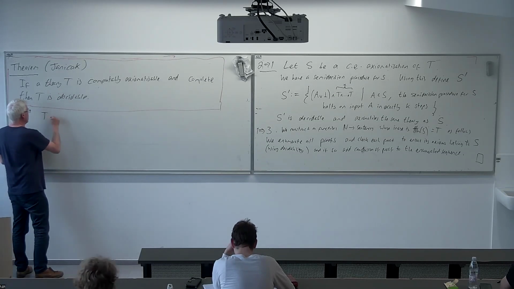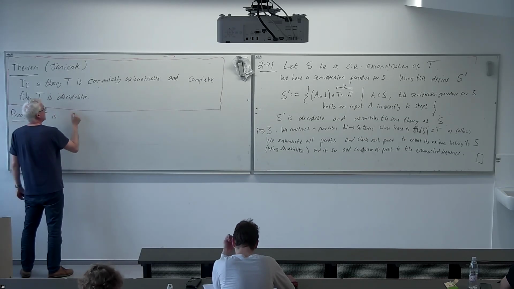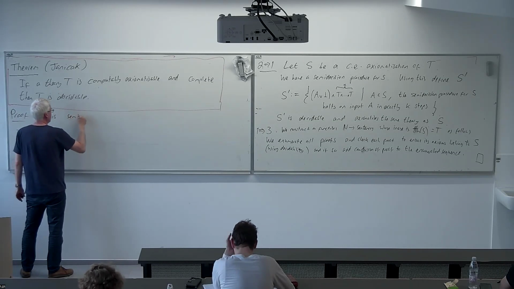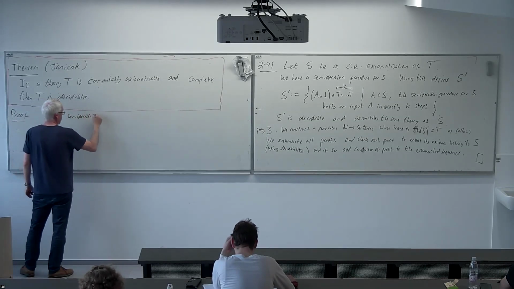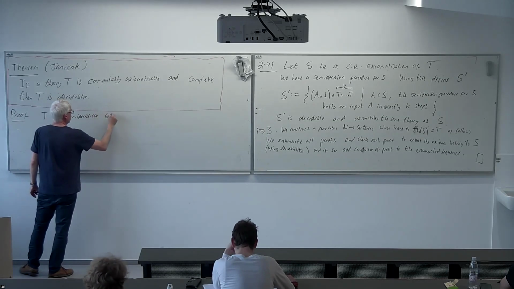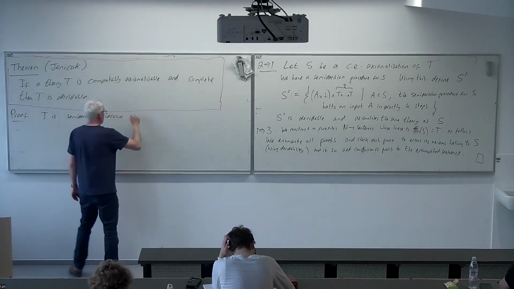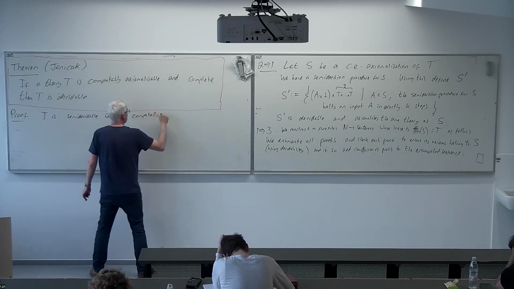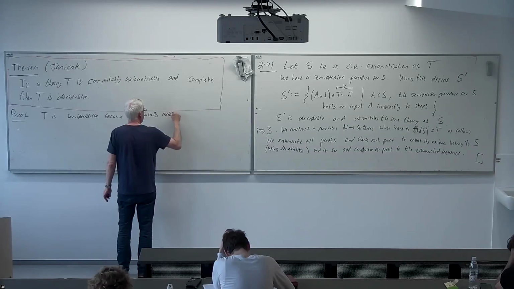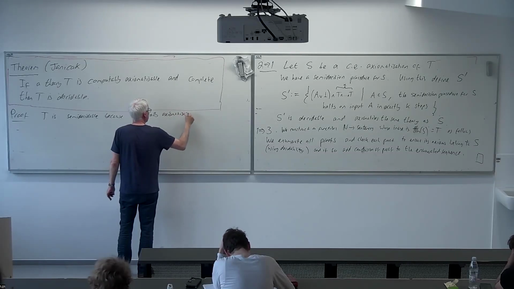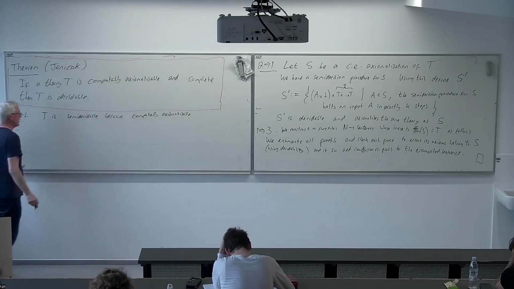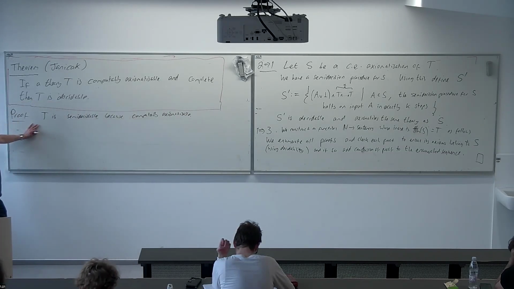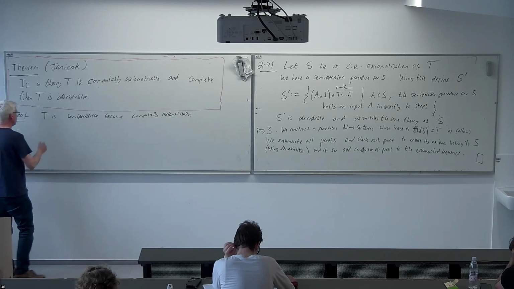Well, T is semi-decidable by the previous result, because that's equivalent to being computably enumerable, computably axiomatizable. And what about the complement?